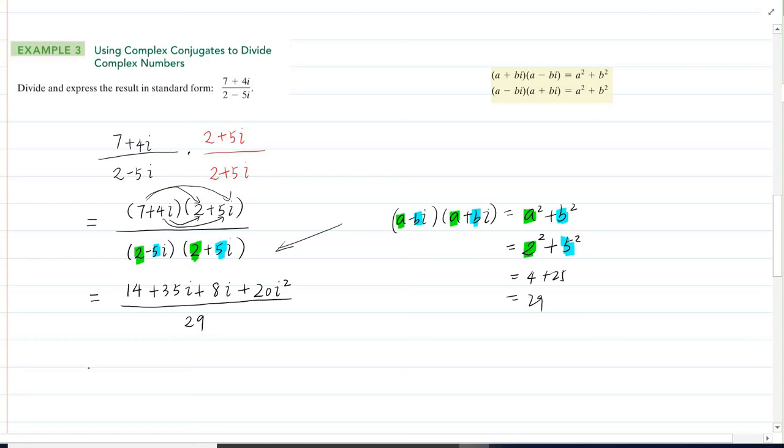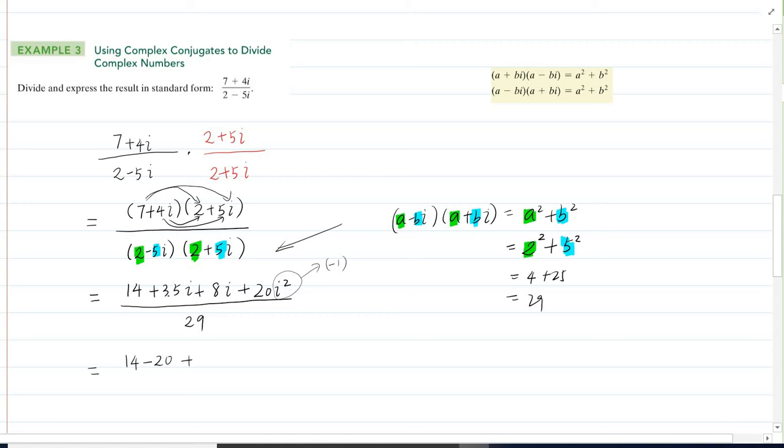So once we have this, let's finish. That will be 14, and then here we have 20i squared. We already mentioned that i squared is just going to give you negative 1. So 20 multiplied by negative 1 will be negative 20. So we're going to have 14 minus 20.